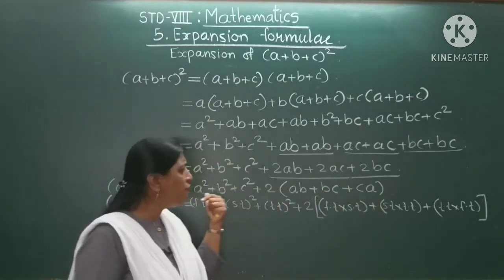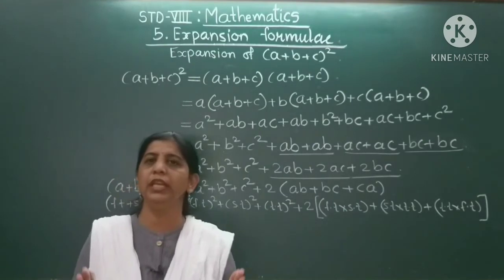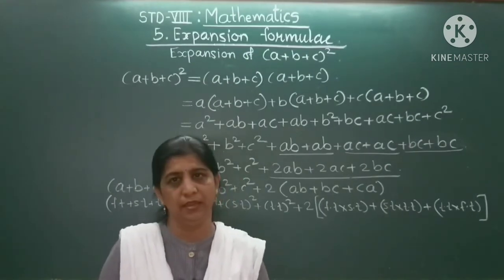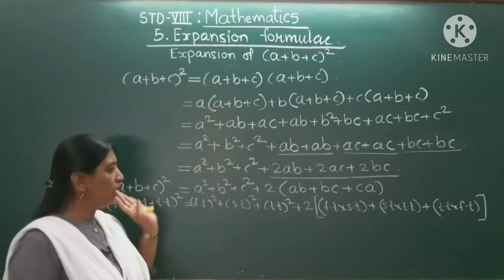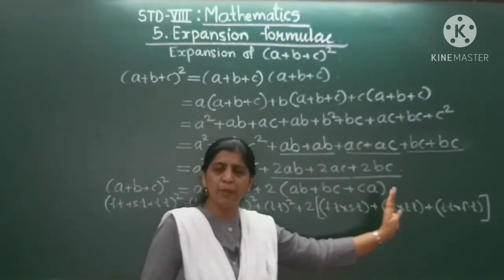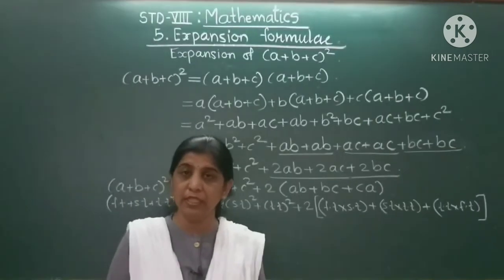Okay, and everywhere there is no confusion, only and only an addition sign is there. Remember, as it is A plus B plus C bracket square, in the expansion everywhere you will get only an addition sign. So do not get mistaken with the signs.